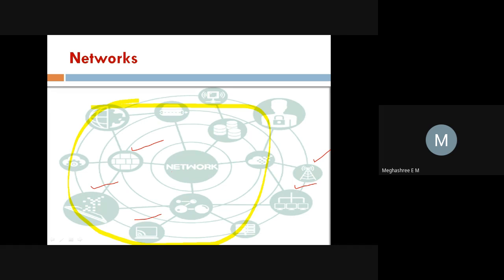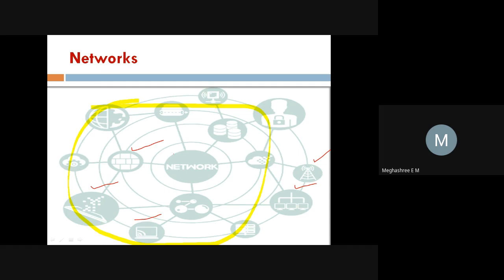Am I audible? Yes, ma'am. Just tell me, all these devices are connected, right? So after connecting, what happens? You can share the data, you can exchange the data, right? The communication happens between all the devices which are connected to each other.